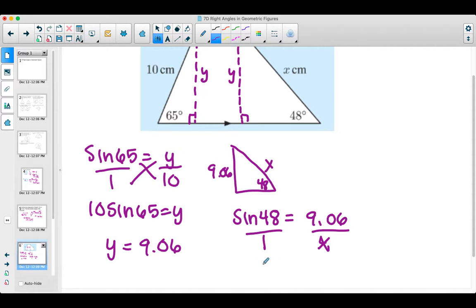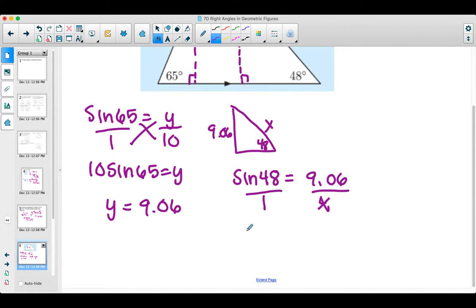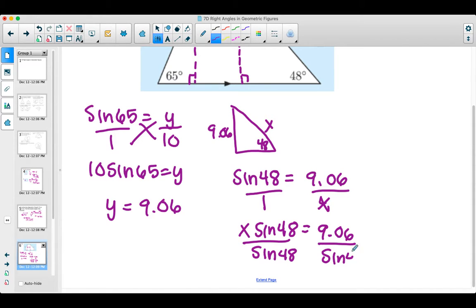And then when I cross multiply, I have x sine of 48 is equal to 9.06. And then I divide both sides by the sine of 48. And I end up with x is equal to 12.2.